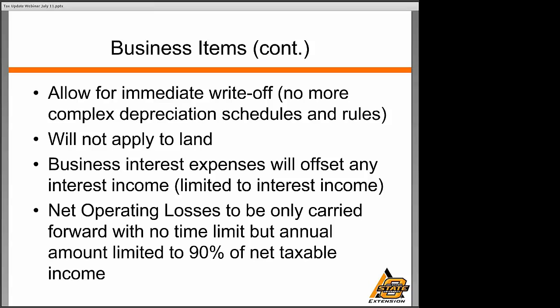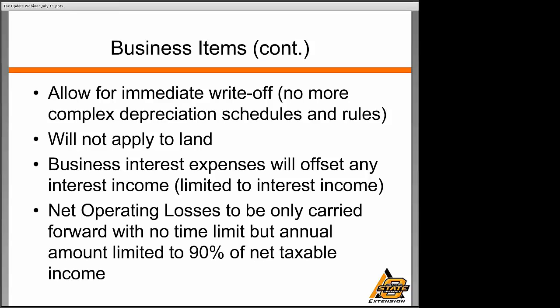This would have, if passed, a major impact on agriculture because most of our investment applies to interest. We borrow money to buy it. If they do away with this, we've got to have interest income to be able to offset that business interest expense. So from agriculture's point of view, and from what Farm Bureau and others are proposing to Congress to say this is not a good deal, we'll have to see what happens.